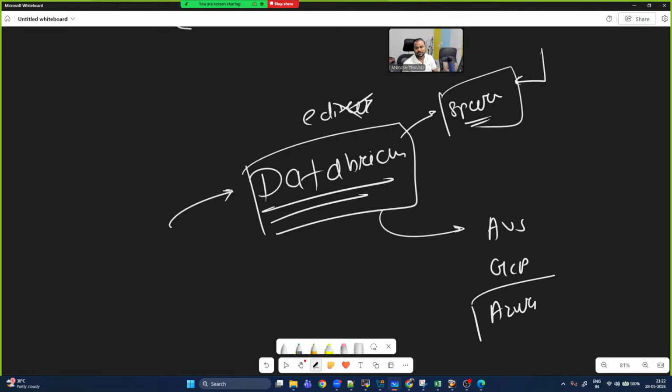Among that, Azure is really in demand in the market, because Azure is the first one Databricks started with. Databricks started with Azure only, and then it went to GCP and AWS. And that is the reason, if you see, most of the projects related to data engineers are with Azure only.